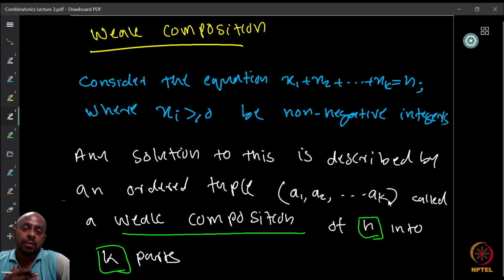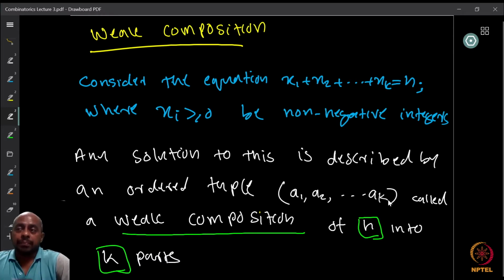So any solution to this equation can be described as a k-tuple, something like a1, a2, etc., ak, where ai is the value taken by xi, where xi can be, let's say, 0 or 1, 2, etc.